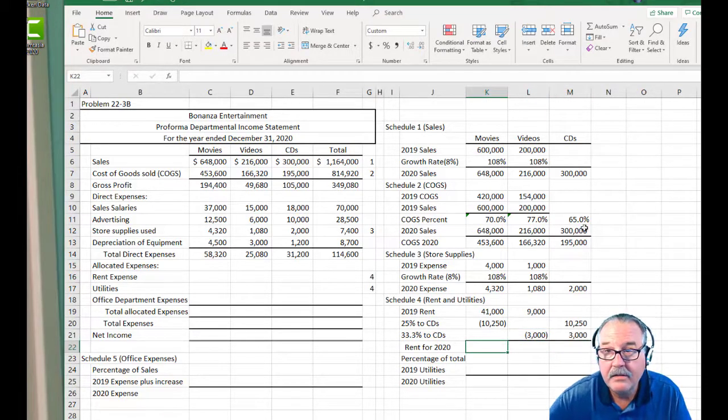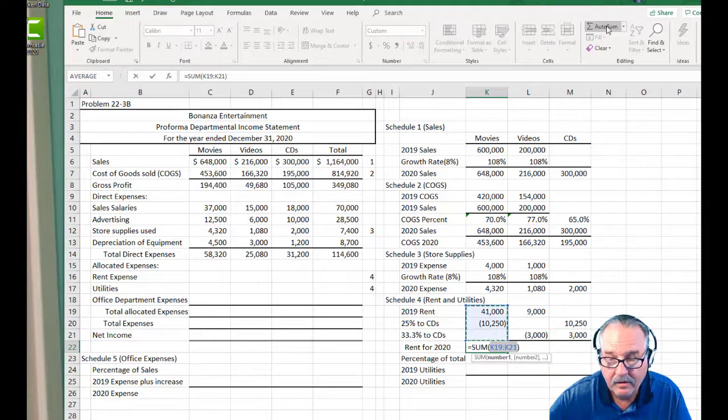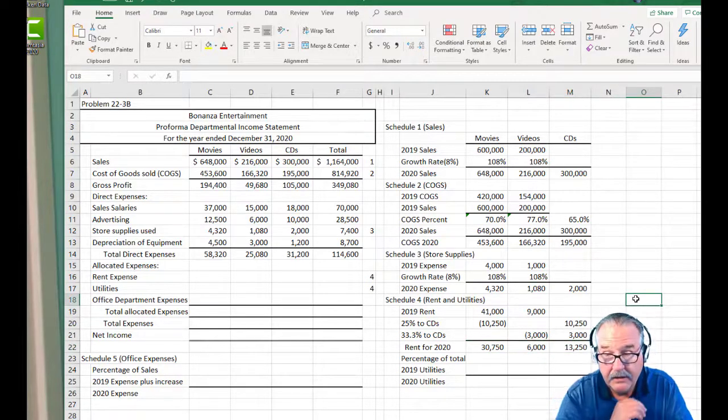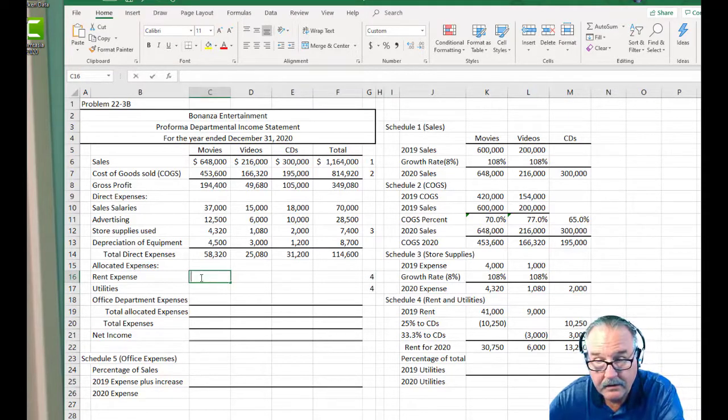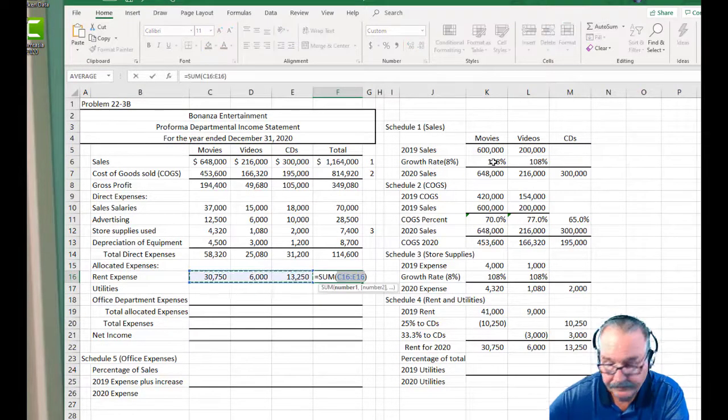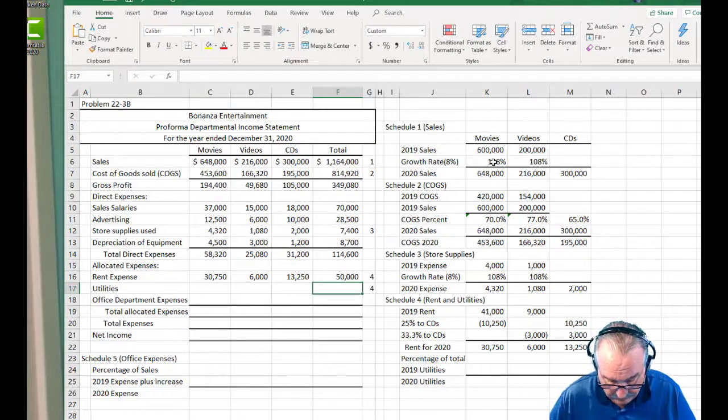So the rent is going down in the movie and video department and up in the new CD department. I can link that in my master schedule over here, income statement. $50,000 is the total.